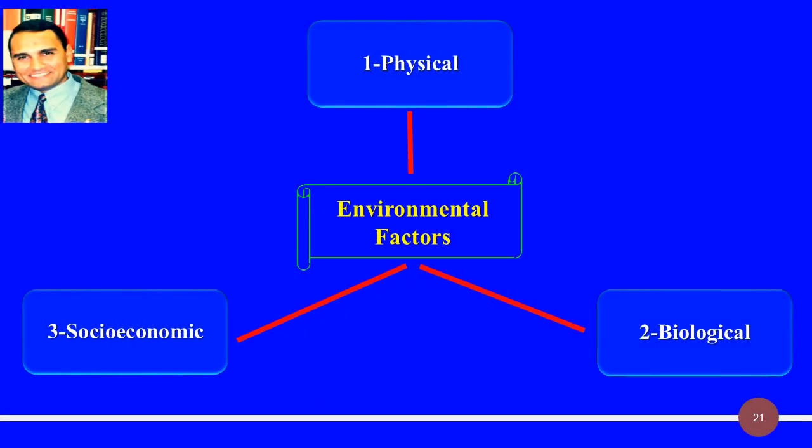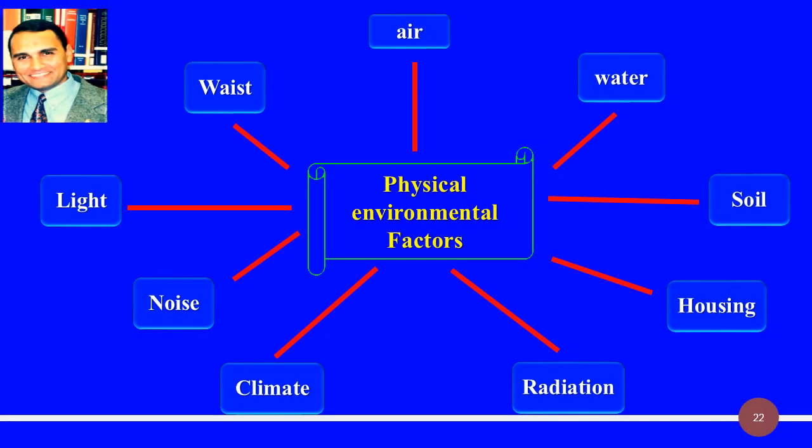Environmental factors affect the level of diseases, increasing or decreasing it, such as physical, biological, and socioeconomic factors. Physical environmental factors such as air: contaminated air causes respiratory tract infections or cancers.